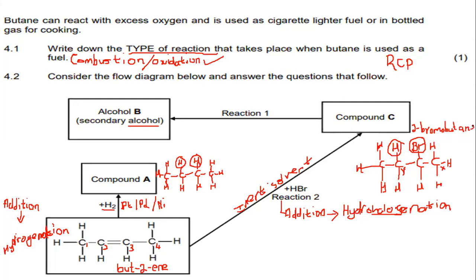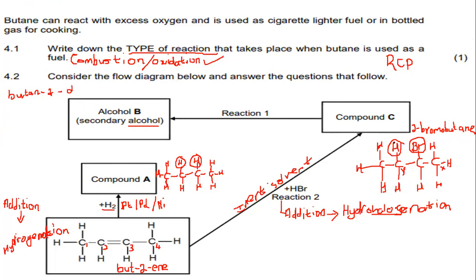We've done our nomenclature extensively. So this is simply 2-bromobutane. So if it is going to form a secondary alcohol, then I'm expecting that alcohol to actually be butan-2-ol.